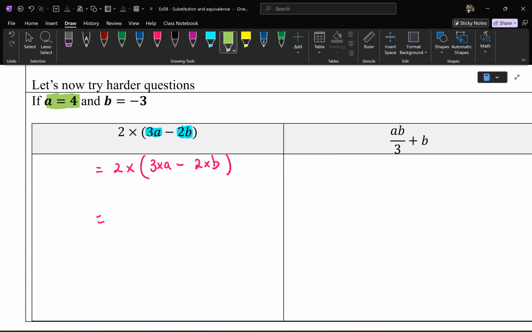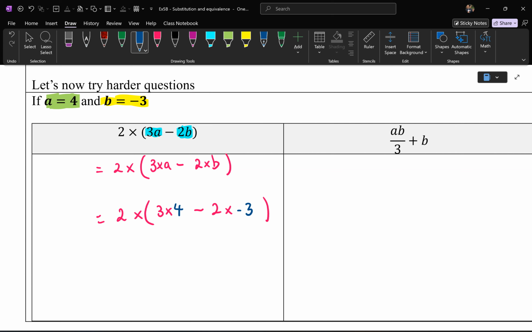A equals 4, but b equals negative 3. So all these letters there, you're going to replace with a number now. 2 times bracket. I'm going to do the brackets a bit bigger. 3 times a, which is 4. So I'm going to use a different color so you can see. 4 minus 2 times b, which is negative 3.